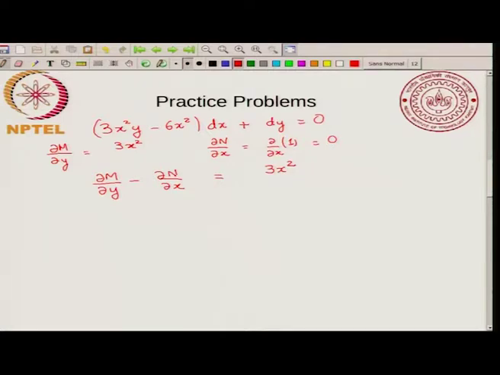So, now 3x square, you immediately realize that n of x y equal to 1. So, this implies 1 by n times dou m by dou y minus dou n by dou x is equal to 3x square. So, this is only a function of x.